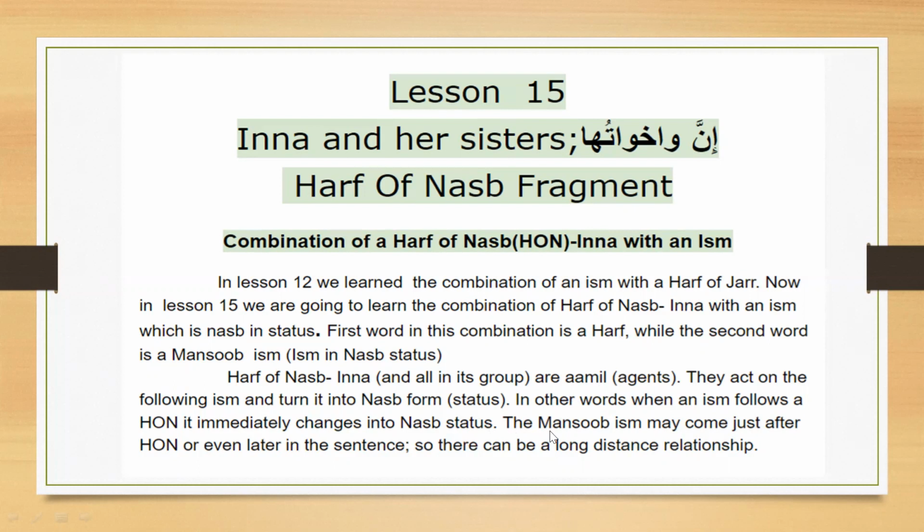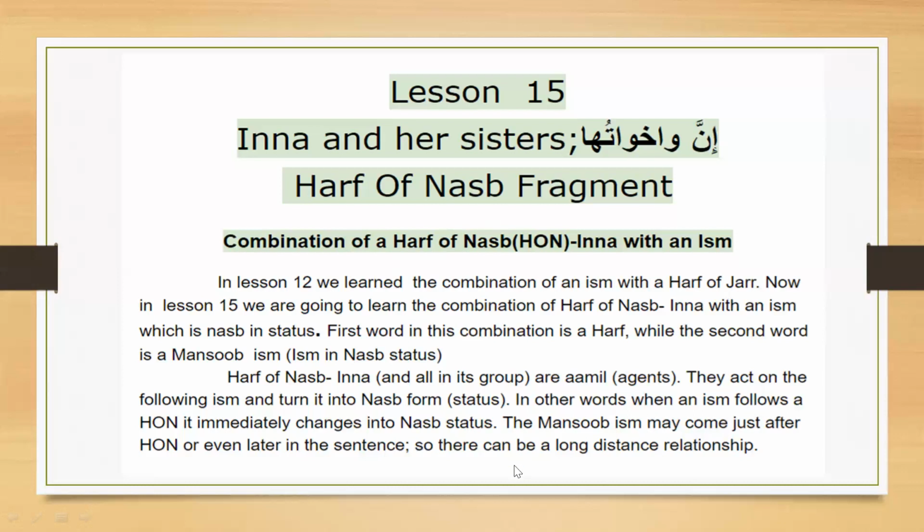And these two can come in the sentence very close to each other, or they can be present in the sentence with a few words in between them. So they can be adjacent to each other, like harf of nasb and the ism that is in nasb status, ismo inna.